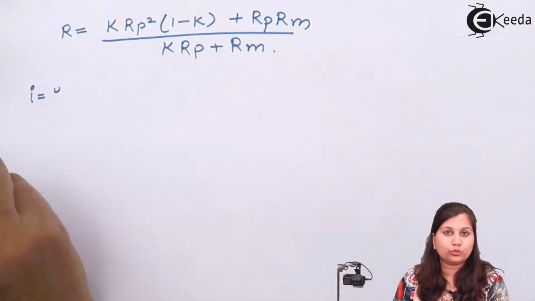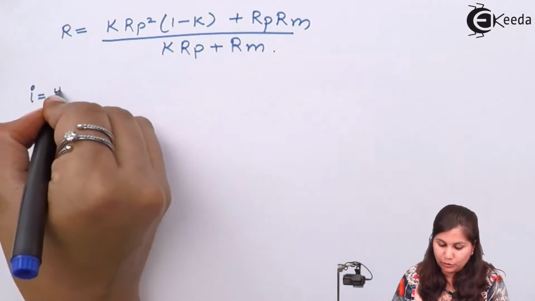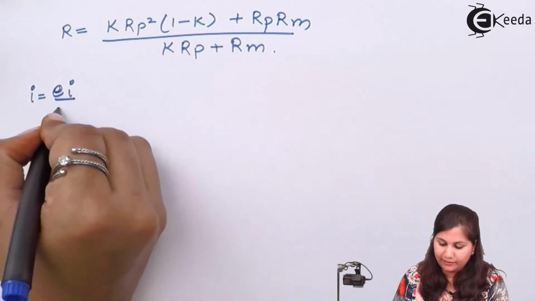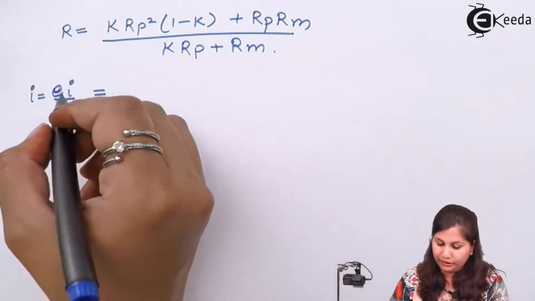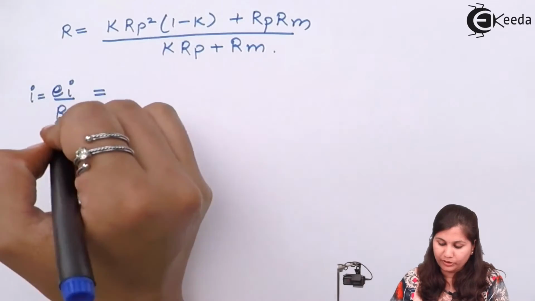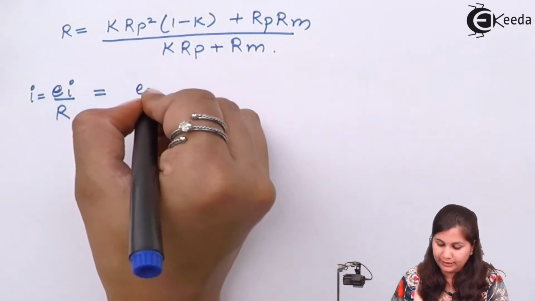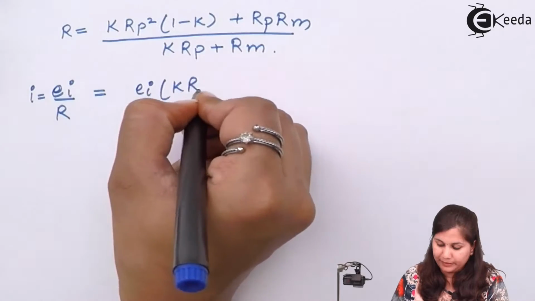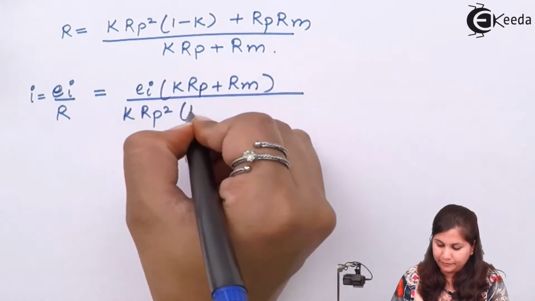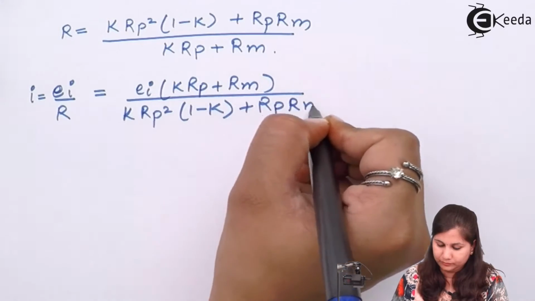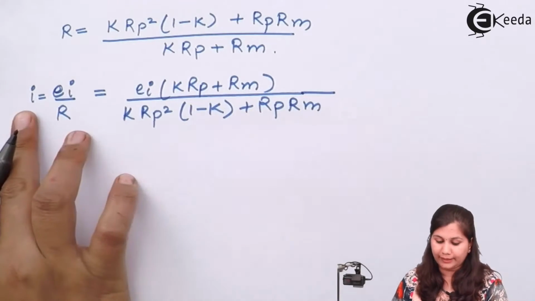Now the current. Current is equal to the voltage upon the resistance. So input voltage is Ei and resistance is R. Putting the value of R from this equation, we will get Ei (K Rp plus Rm) over the expression. This is the current.